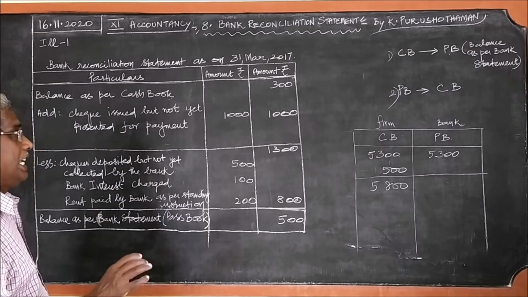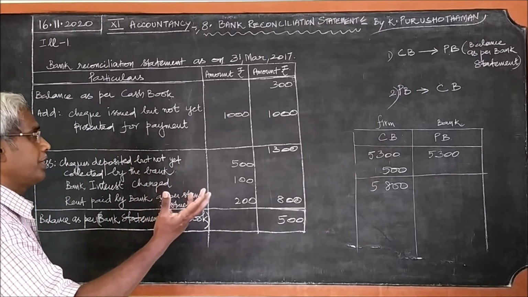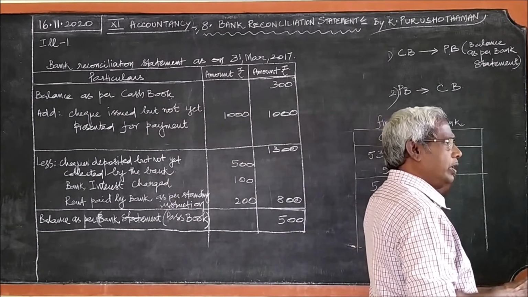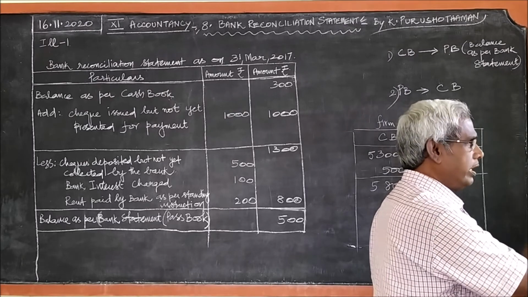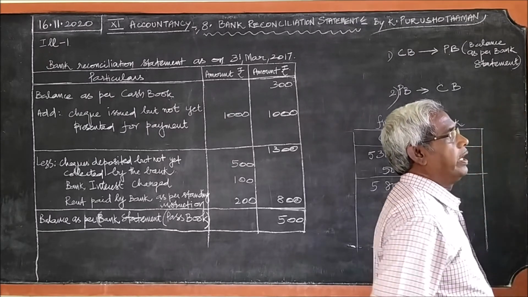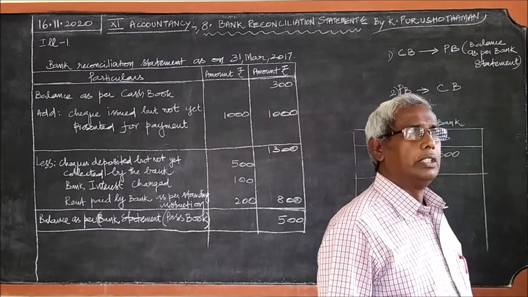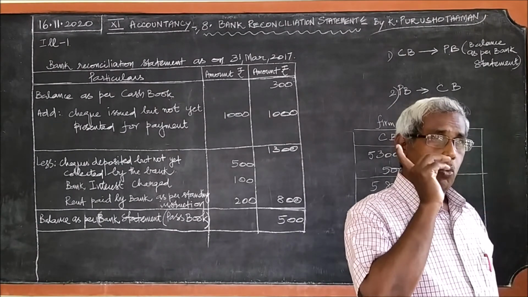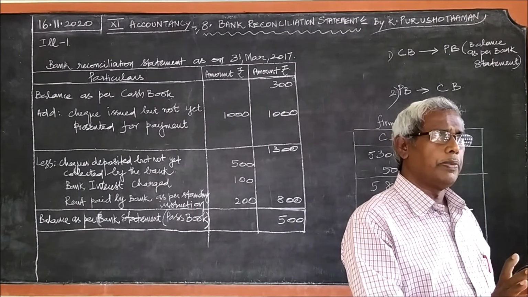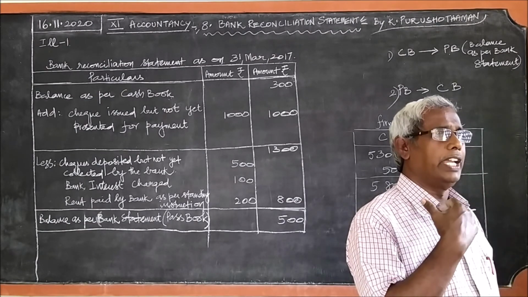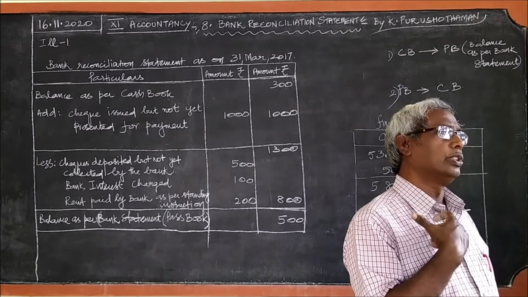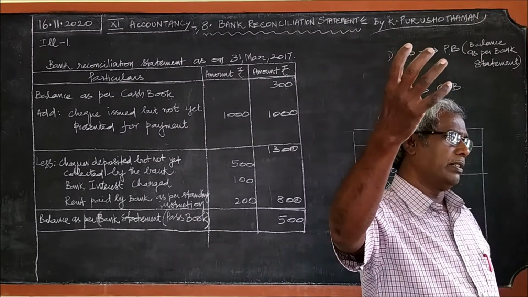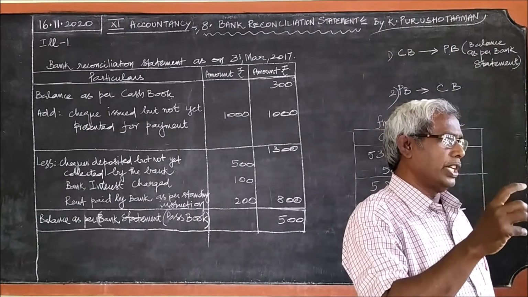Then immediately after depositing the check into our bank, will the bank pass entries in the account? No. There is a procedure. I don't want to go deeper in it. Suppose I have the Canara Bank account, and I receive Indian Bank, Indian Overseas Bank, State Bank, Baroda Bank checks.